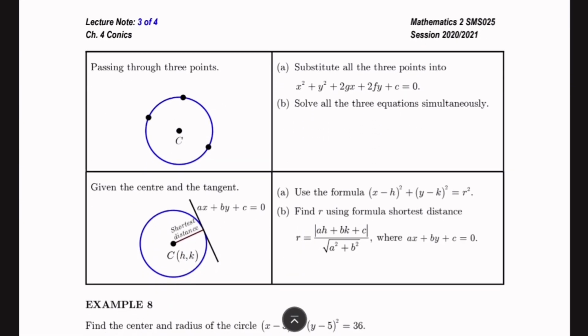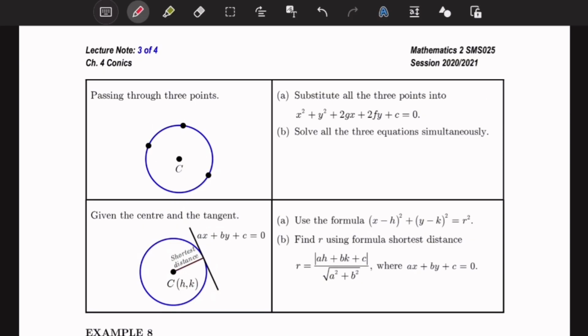Okay, next, the third case. If this circle passes through 3 points, we need to substitute all 3 points into our general equation and then solve it simultaneously.